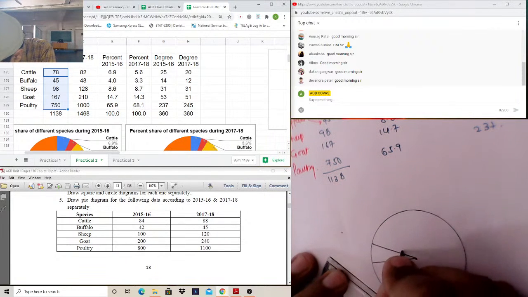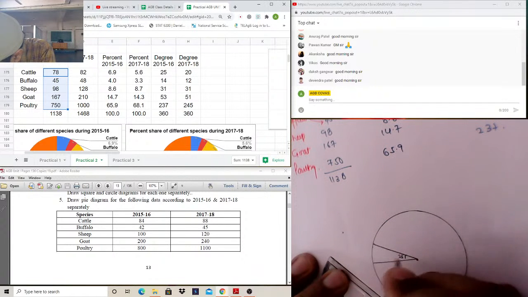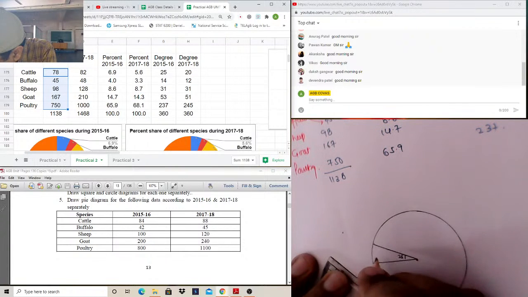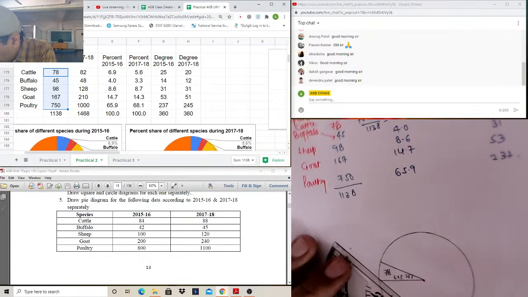This is 25 degrees, and it is equivalent to cattle, which is equal to 6.9%. Now this is your second reference line.